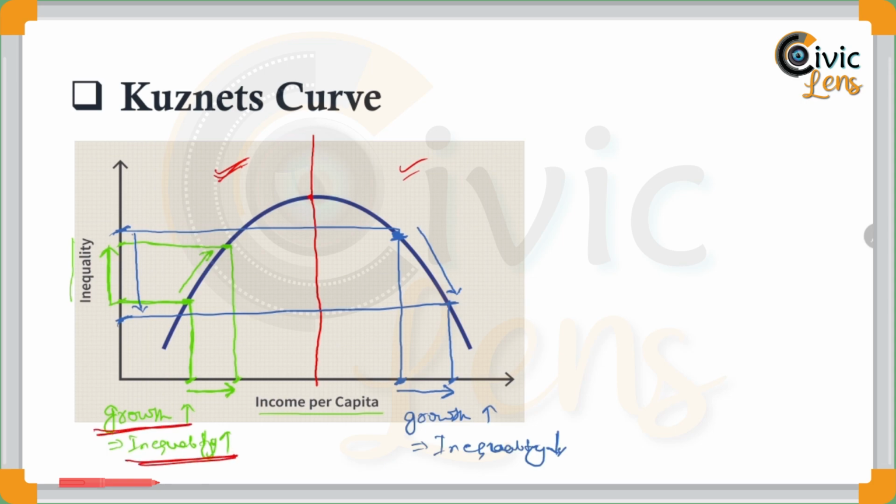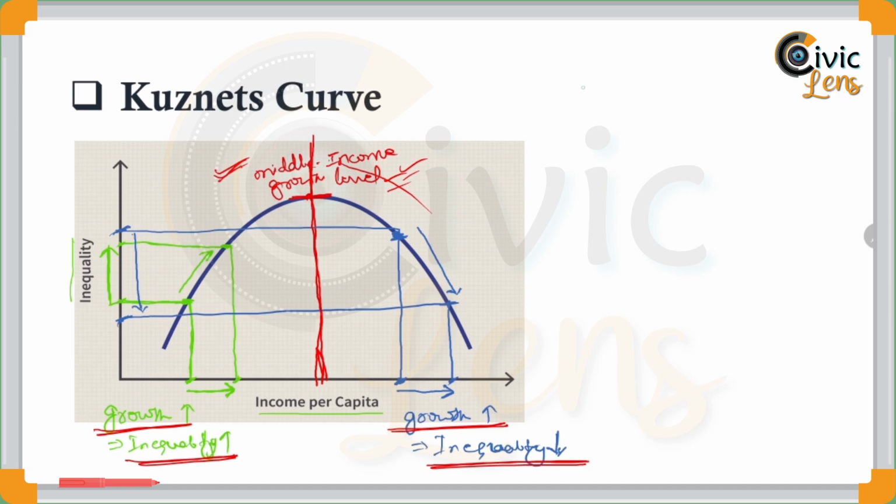And there is a point here, this is the peak point up to which income inequality will increase with the growth, right? And then in the second half of the growth, that is in this part, with growth increasing, income inequality will reduce actually. So this peak point is actually the middle income growth level, right? So this is what exactly Kuznets curve says.